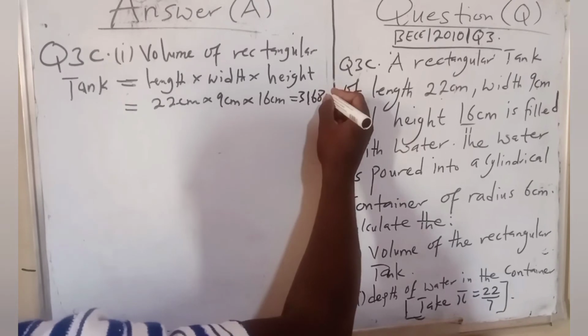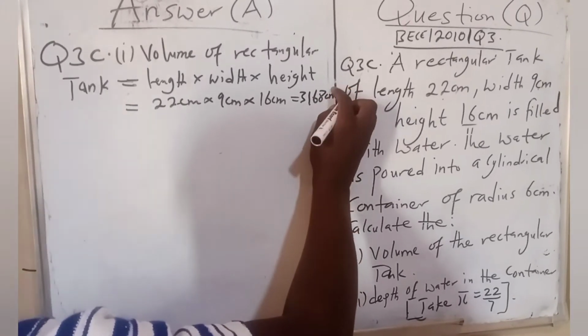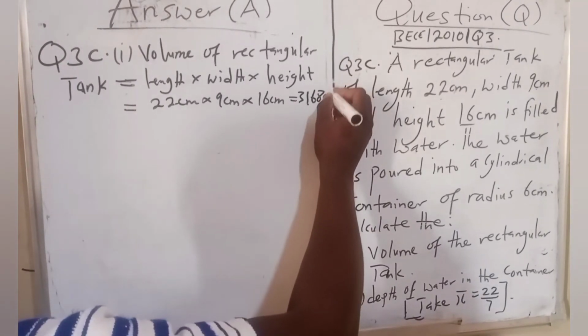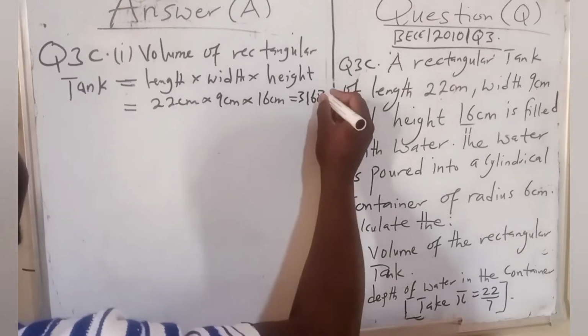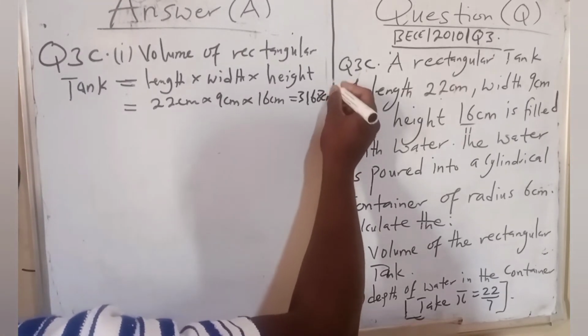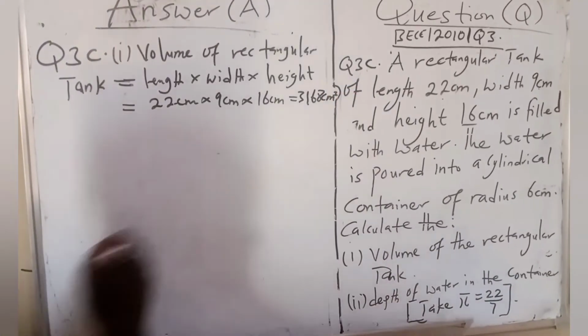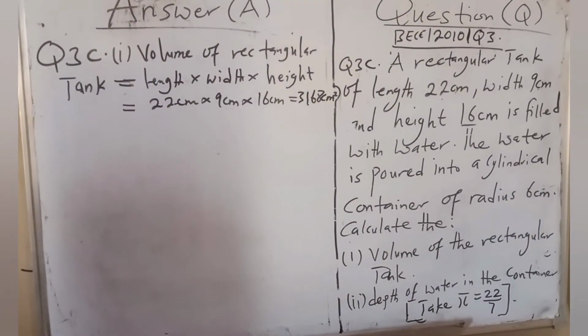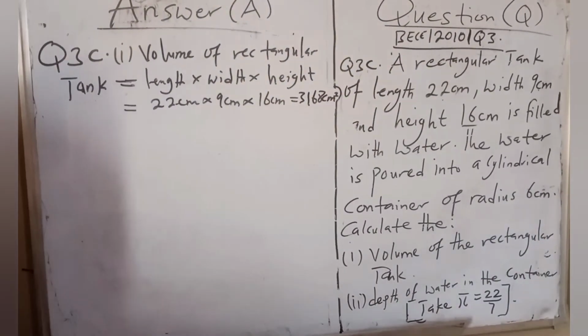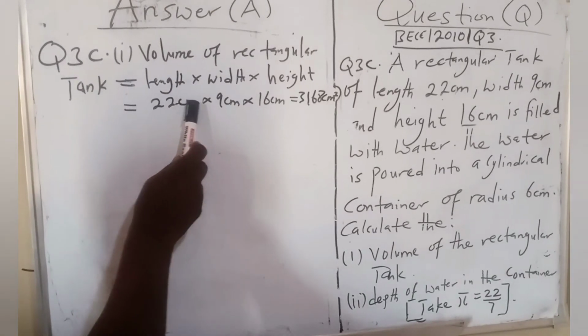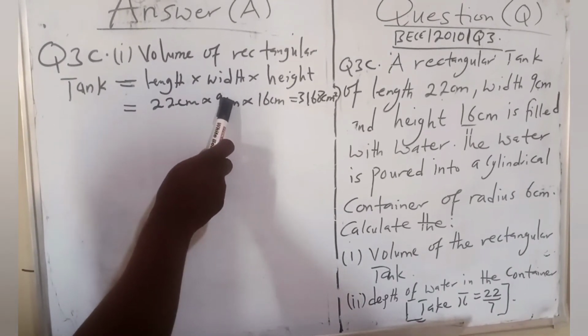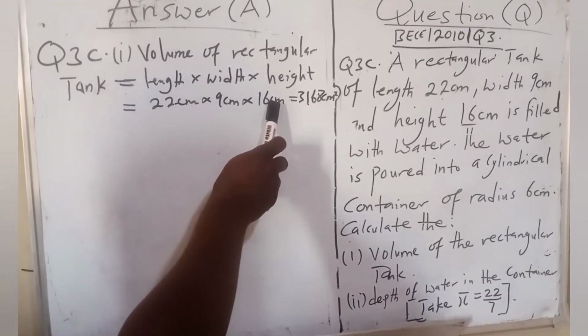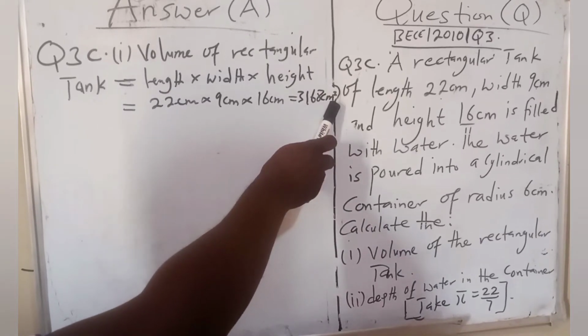We have centimeter cube as a unit of measurement of volume. Note that if you multiply centimeter by centimeter, you get centimeter squared, and centimeter squared times centimeter will give us centimeter cube.